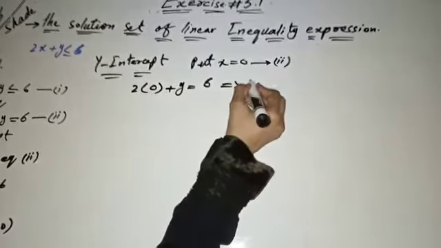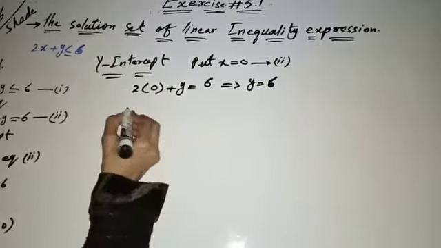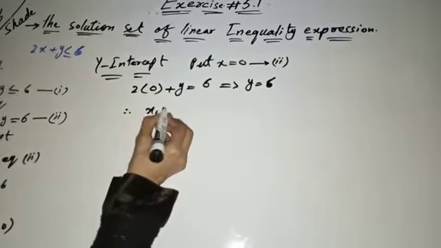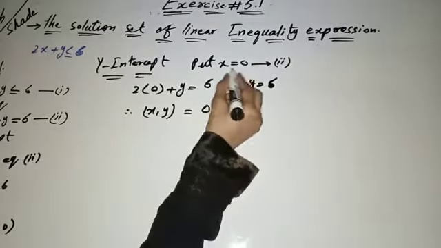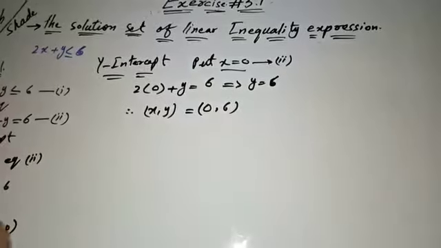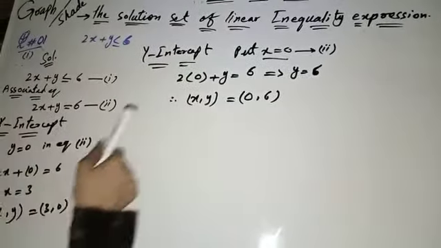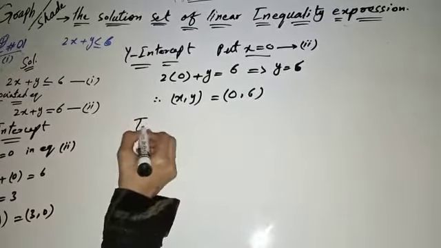Hence the value of y is 6. This is another point on this given linear inequality expression, having x value 0 and y value 6. We have calculated the associated equation, x-intercept and y-intercept, and now the last thing is the testing point.